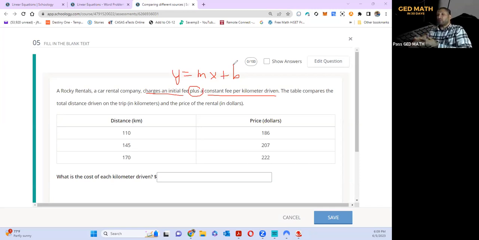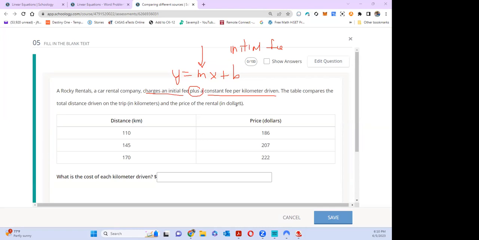But it also tells you there's an initial fee plus a constant fee per kilometer driven. So if they want an equation, the first place you start is y = mx + b, because they want the equation of the line. The initial fee is b, my constant, which is not going to change. What you charge per kilometer is your m, or your slope.